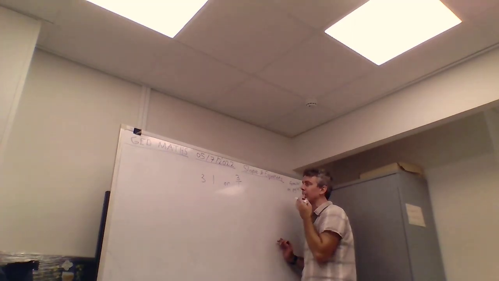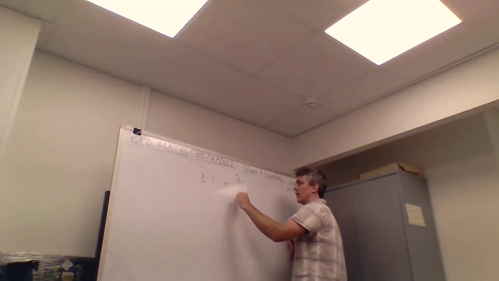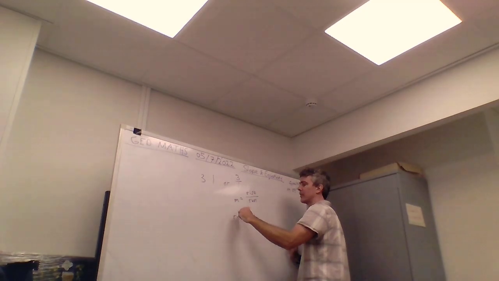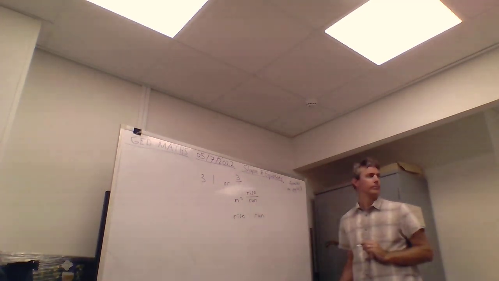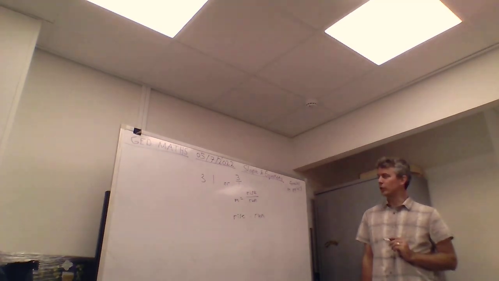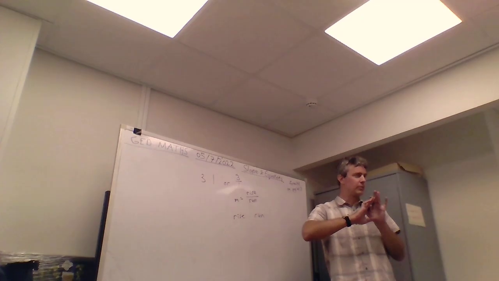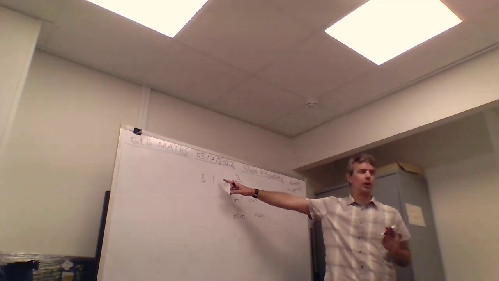Now if you look at our formula, our slope is rise over run. So it's kind of like the ratio of rise to run. You see that? So you can actually show a ratio visually using a graph.